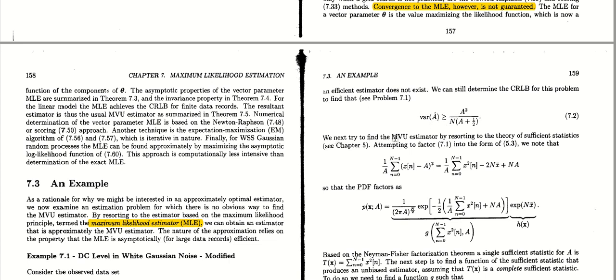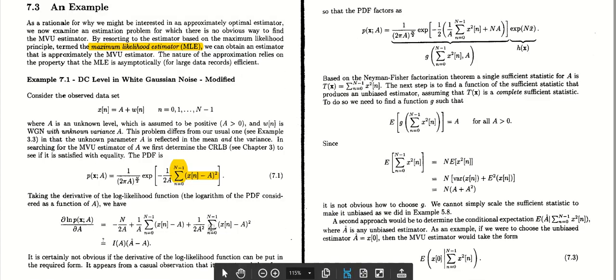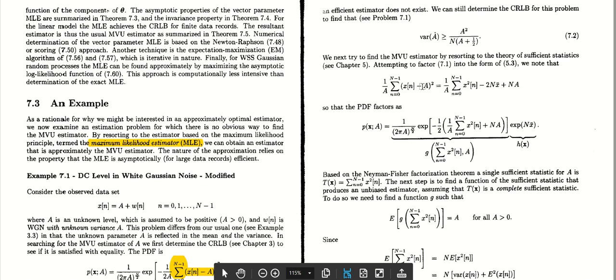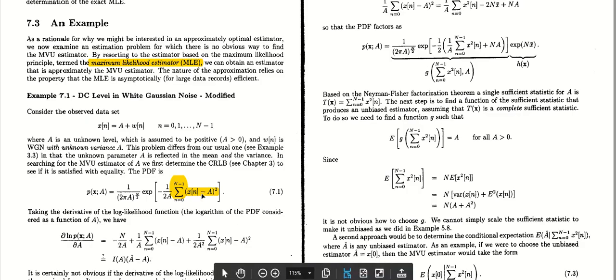So we next try to find an MVU estimator by resorting to the theory of sufficient statistics. Then we factor this into this. So this is from here, right? This is this term. This term you want to factor out. This is a quadratic polynomial, so expand it. So you get this, so that the PDF factors as this. You have this, you have that, and the exponent of this.